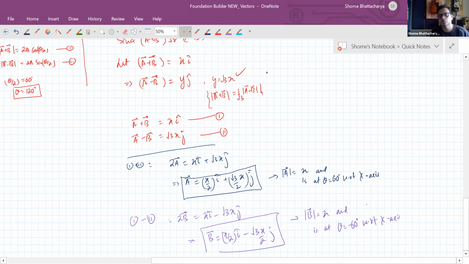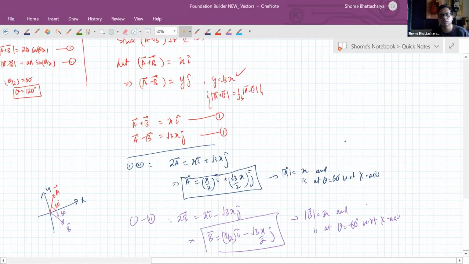Okay, so when we visualize this, if this is our xy plane, vector A will be looking like this. It's at an angle of 60 degrees, and vector B will be looking like this. It's at an angle of minus 60 degrees.